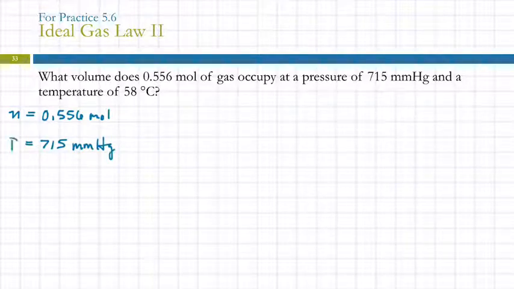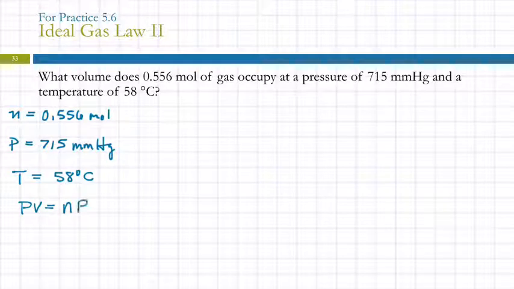So that's P. And the temperature is 58 degrees Celsius. They're asking me for V. Okay. So PV equals nRT. Rearranging that, I get V equals nRT over P.